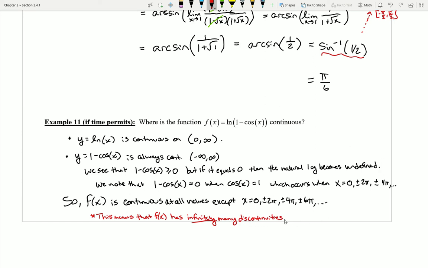It has infinitely many discontinuities in it that endlessly break it apart. It's almost worse than one of those piecewise functions that only broke apart 3 or 4 times, right? This one breaks apart infinitely many times. So we can see that some really weird functions can be created, and using the theorems we can quickly determine where functions are continuous and where they are discontinuous.